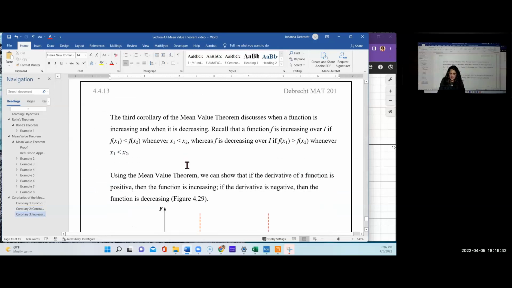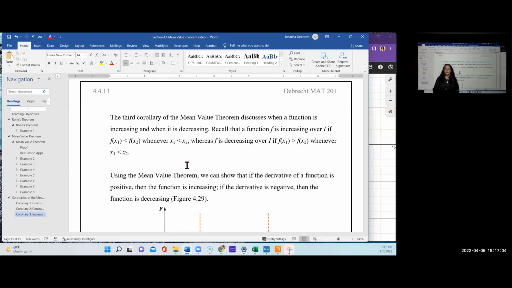We're going to make extensive use of this third corollary in the next 2 videos when we discuss how to know whether or not you have all of those key points on a graph in your graph. We'll find exactly where the relative extrema are, where the x-intercepts are, vertical tangent lines, vertical asymptotes.